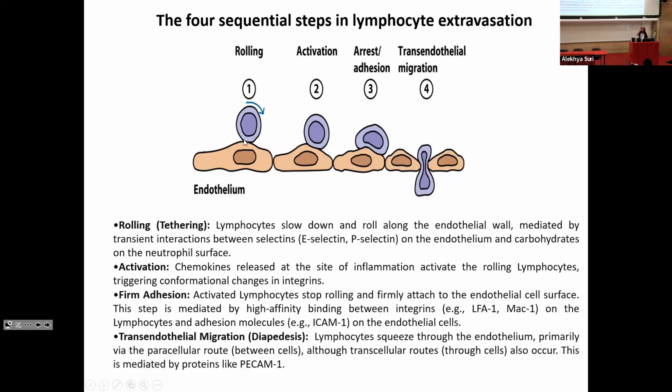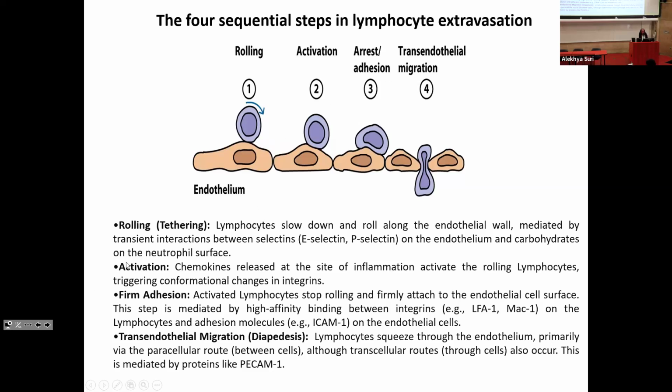But that binding is not very strong. So it binds, it falls off, and it binds again, and it falls off. So it slows the movement of the cells and gives these blood cells a rolling sort of movement. That's the first step: its movement in the blood is slowed down.